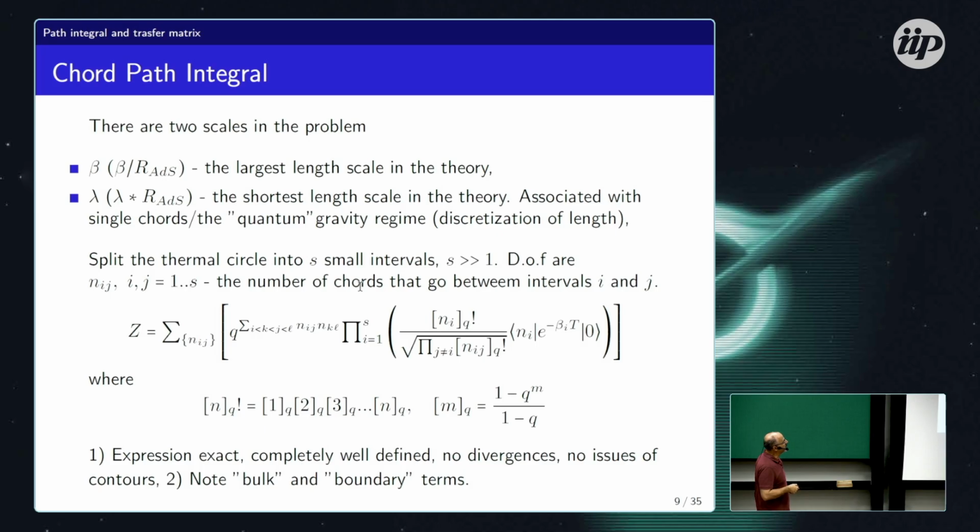The formula that I'm going to write is an exact formula, but it's convenient to think about lambda as being small. In this case, we split the thermal circle into intervals, and the degrees of freedom are how many chords go from one interval to another.